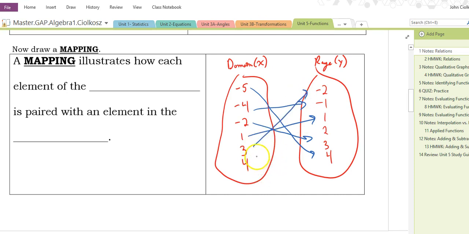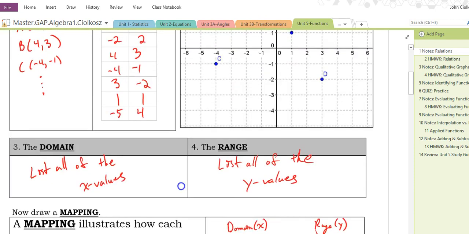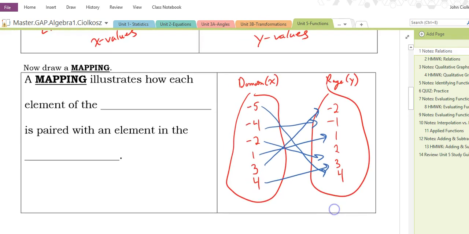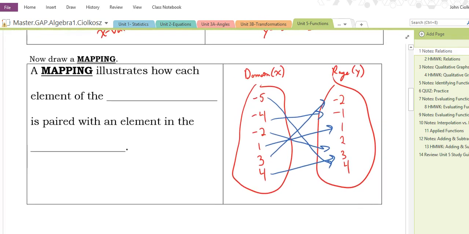And 4 goes with 3. So this illustrates how each element of the domain is paired with an element in the range.